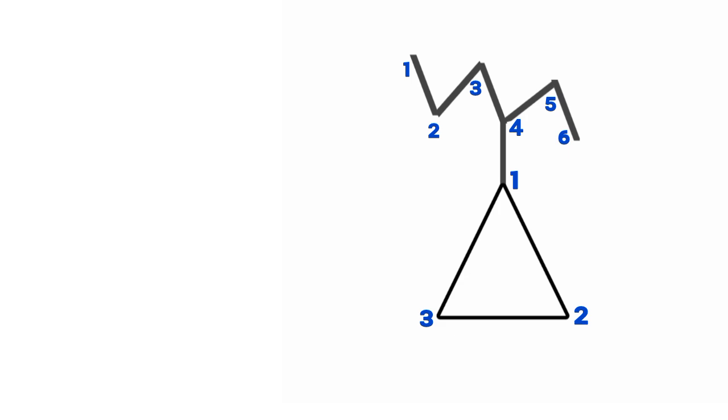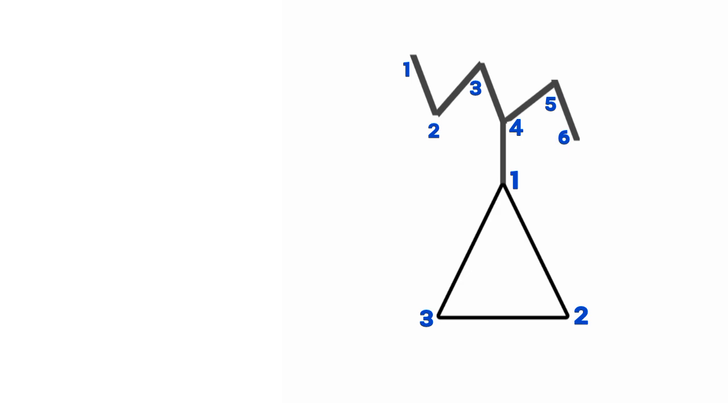Now, in this situation, what do we say would happen? Remember, we said if the alkyl has more carbon atoms than the ring, then the alkyl becomes the parent name while the ring becomes the substituent.